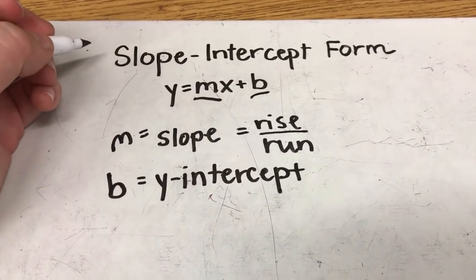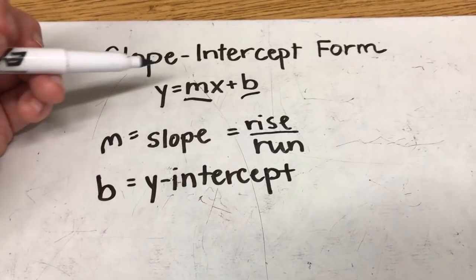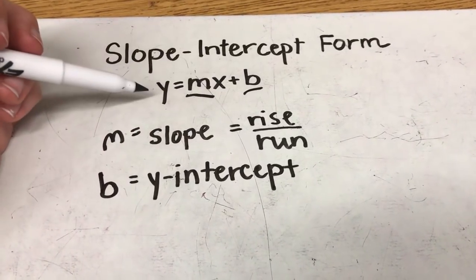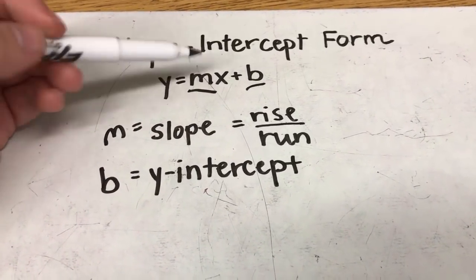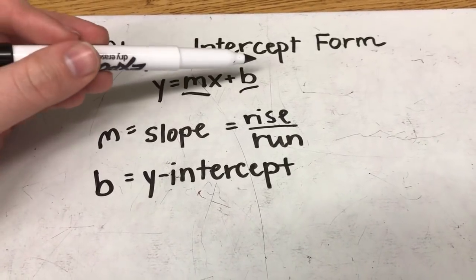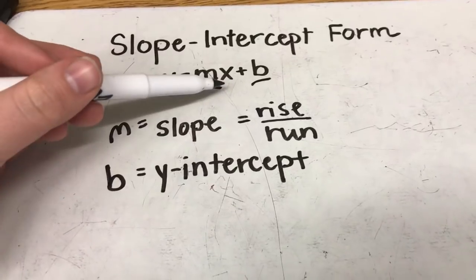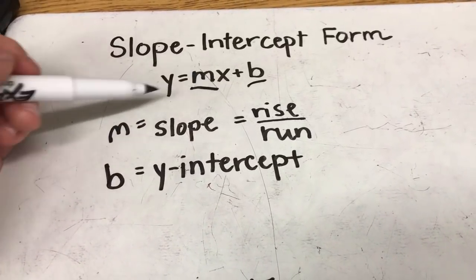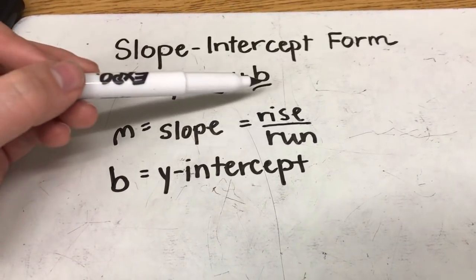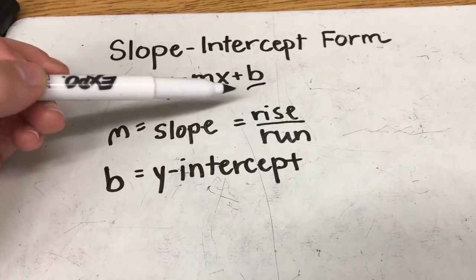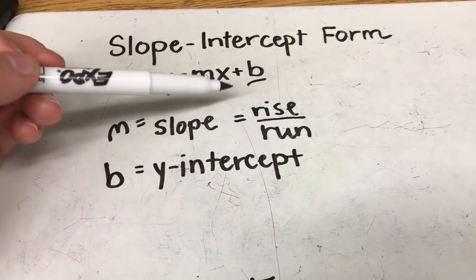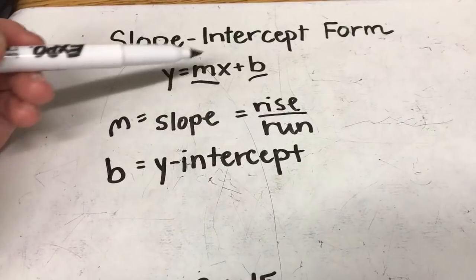So slope-intercept form is very useful because every time you see an equation like this, you automatically know what number is the slope and what number is your y-intercept. The slope is always attached to your x in this form, and the y-intercept is always separate from your x term.